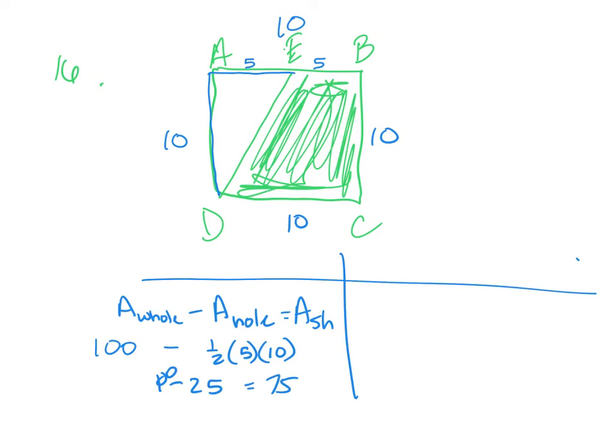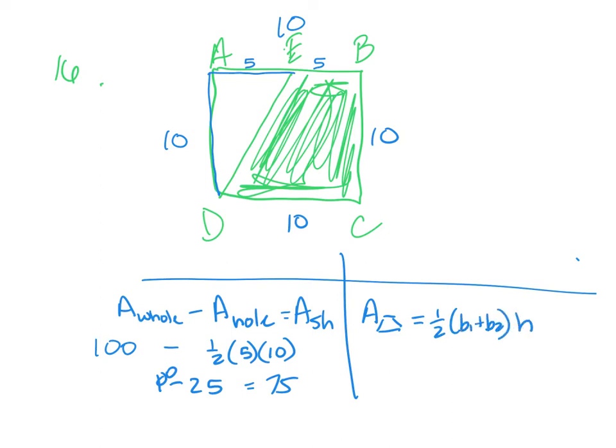The other way to do it is the shape of that shaded region is what kind of a shape? Starts with a T. It's a trapezoid. The area of a trapezoid is 1/2 base 1 plus base 2 times the height.